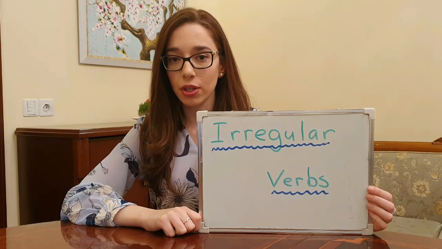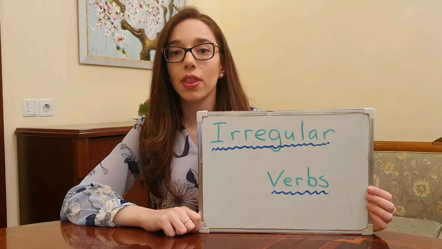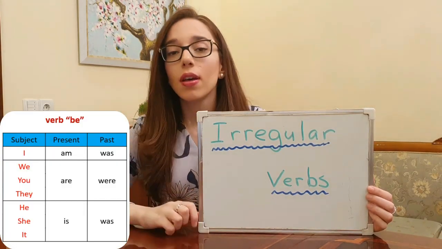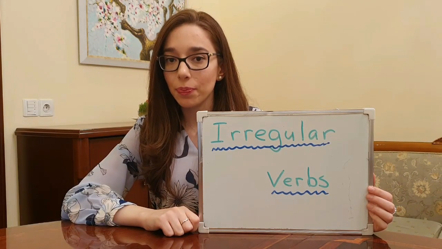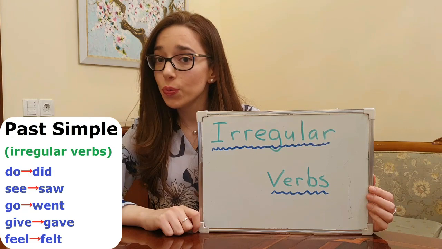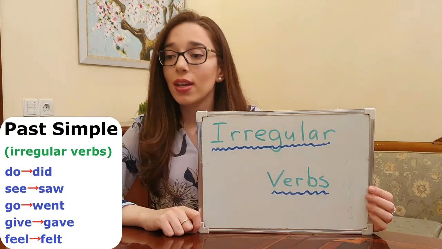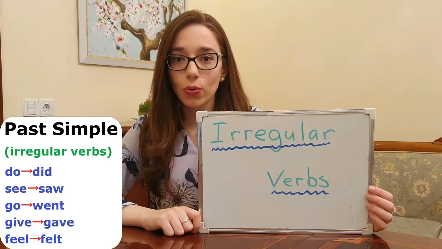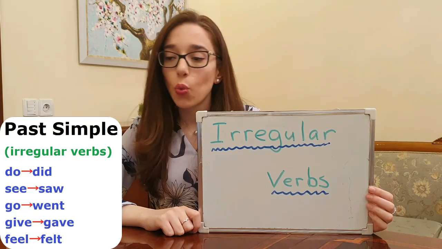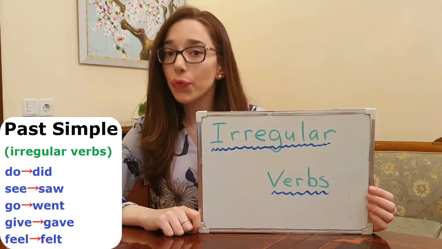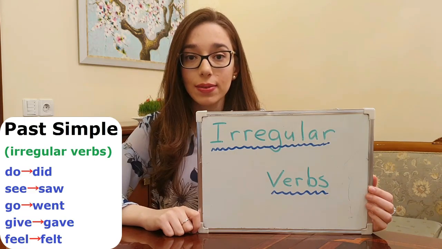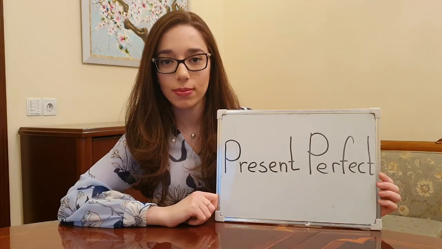For other irregular verbs, including the verb to be, the past simple form is more tricky, like do, did; see, saw; go, went; give, gave; feel, felt, and many more.